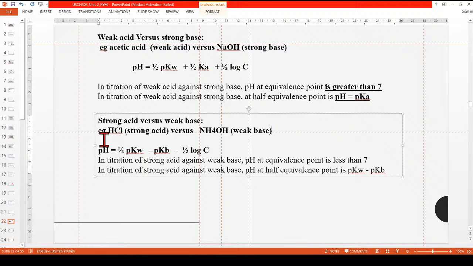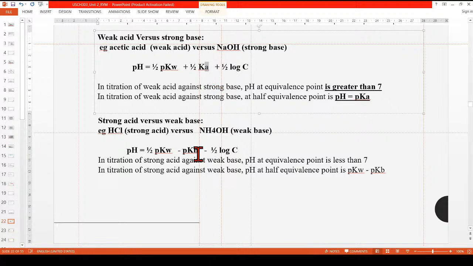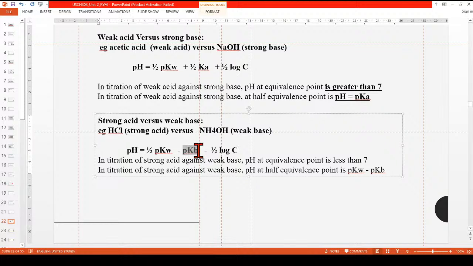Now for this, pH of solution at equivalence point is calculated using the equation pH is equal to 1 half pKw, same as this one. Here the pKb value of the base is taken. Here it was the Ka value, here it is the pKb value, minus half log C. Here it was plus, here it is minus.